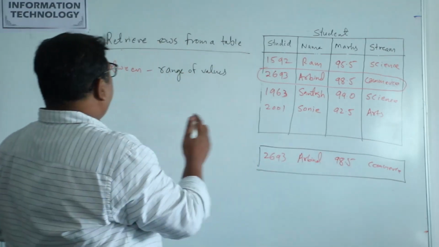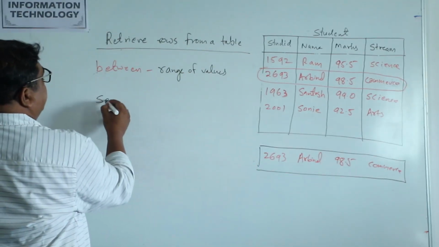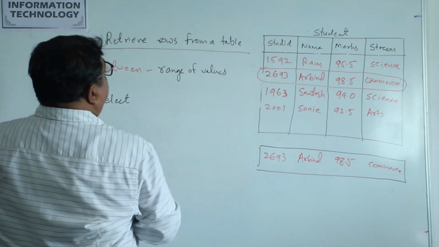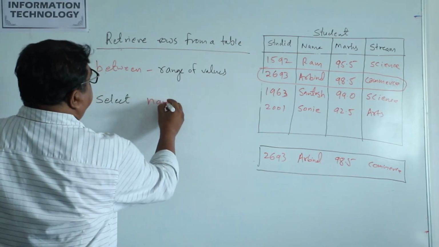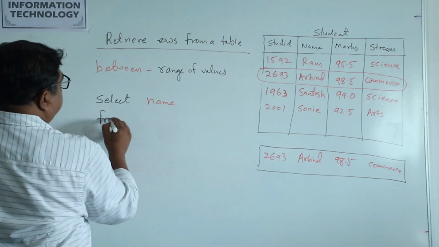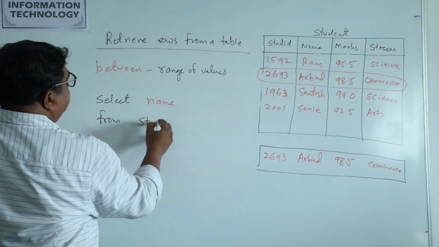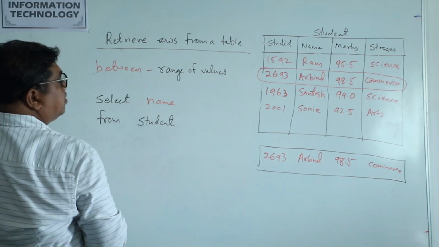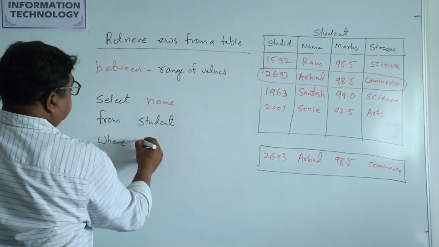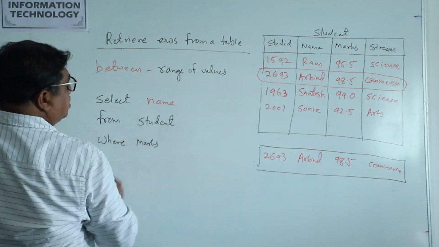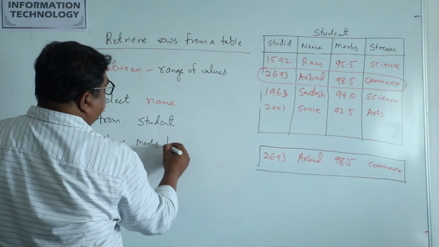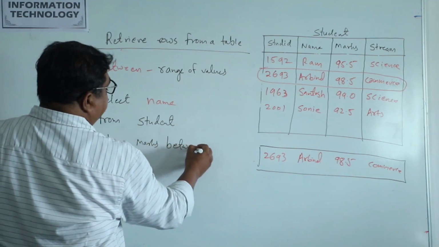So what we will do? We will use SELECT, and the column I want to display is only name. Then FROM student, where marks, I can use this operator, BETWEEN.